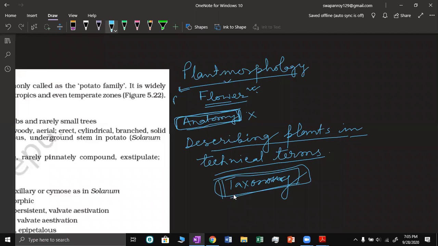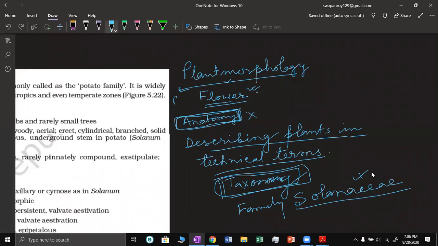Here there is only one family, though earlier in our syllabus there were several, three or four families, but in the present context the family Solanaceae or Liliaceae has to be learned.